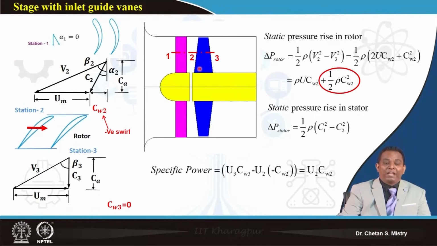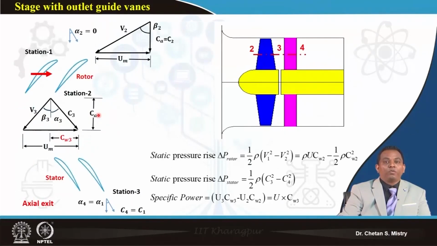So basically, the whirl component we were getting at the exit, we have managed by incorporating the inlet guide vane. Now you will say, sir, why do we not try providing an exit or outlet guide vane. So this is the configuration in which we have an outlet guide vane. Let me take the mid section, where we have different stations, and for these stations I will have this kind of velocity triangle.